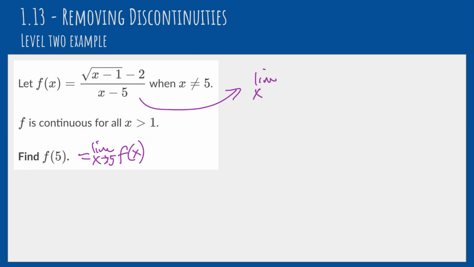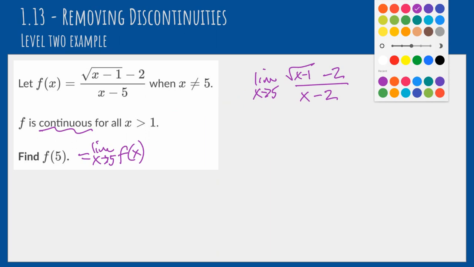So we want to evaluate the limit as x approaches 5 of, and if we try direct substitution here, we are going to get 0 over 0. If we did get something undefined that's not 0 over 0, we would run into trouble, because then this function couldn't be continuous. We would have an infinite discontinuity. This is a removable discontinuity, though, so we get that 0 over 0, that indeterminate form.